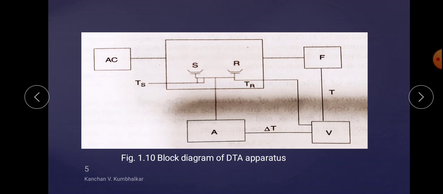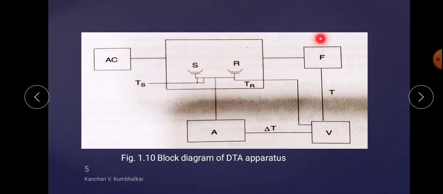Next, A is the amplifier, V is the recorder, AC is the atmosphere controller, and delta T is the recorded data from the amplifier which is transferred to the recorder. So basically there are 5 components in this block diagram.